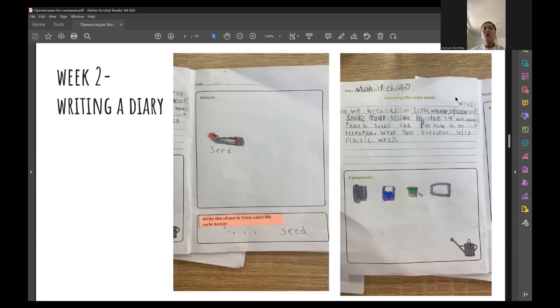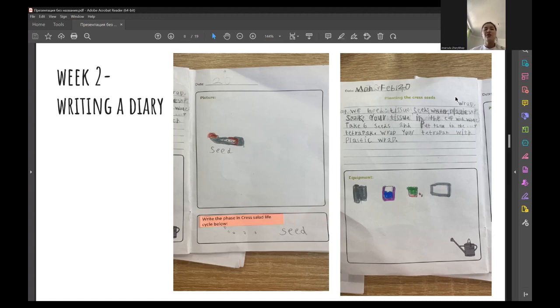Okay, what do they need? Did I draw everything I used for the experiment? Okay, I got here a plastic wrap, a cup, I have my seeds, and I have my tissue and water. Not all of them, because I have first graders, they were able to write the steps.